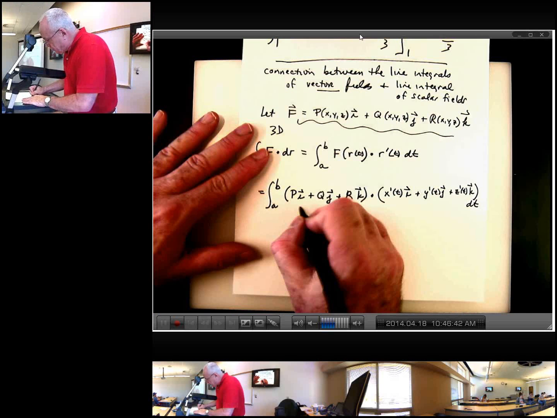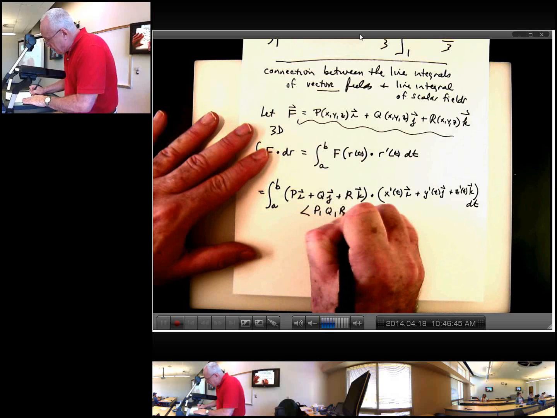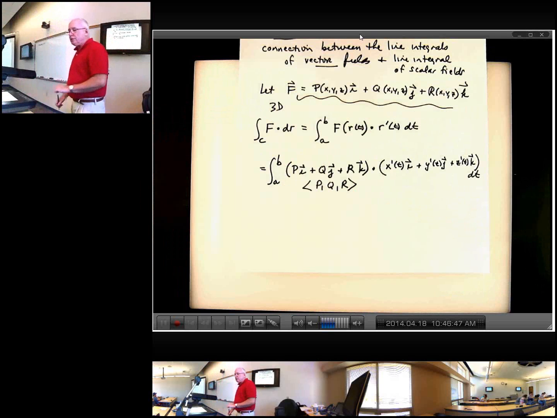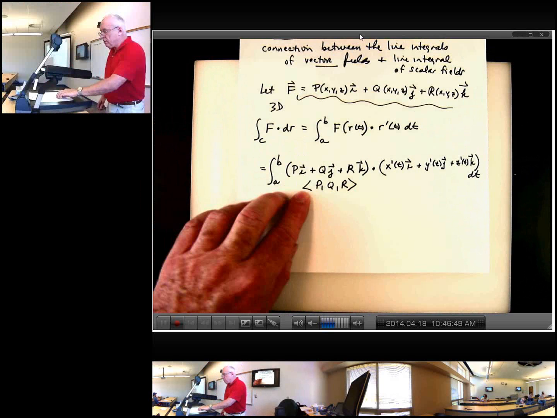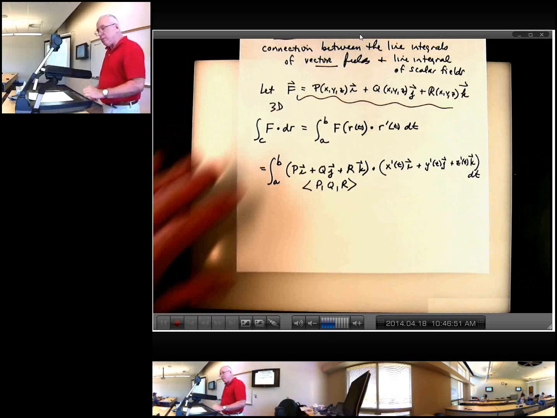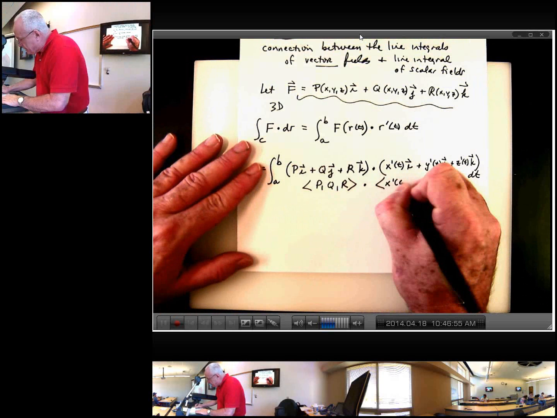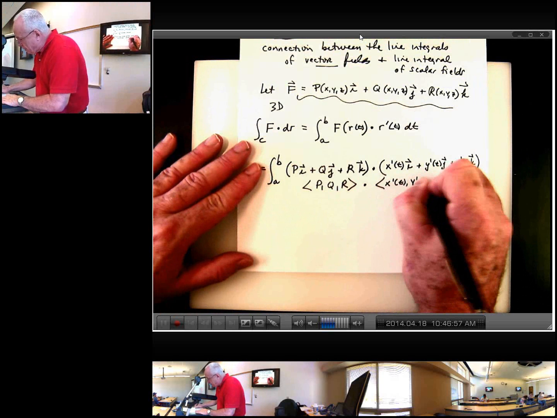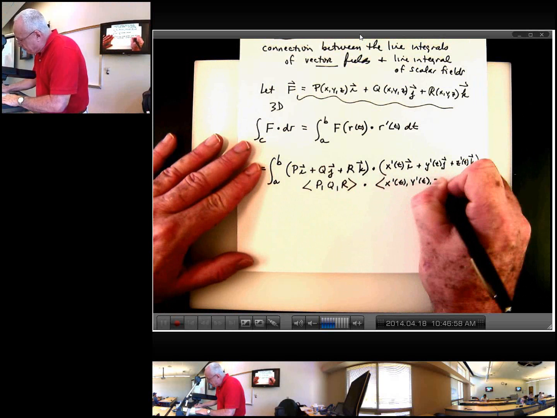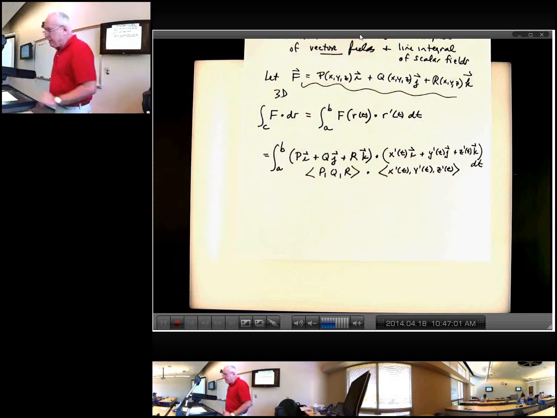So this is really in bracket notation, our force is <P, Q, R>, dot, and then our r prime is <x prime, y prime, z prime>.